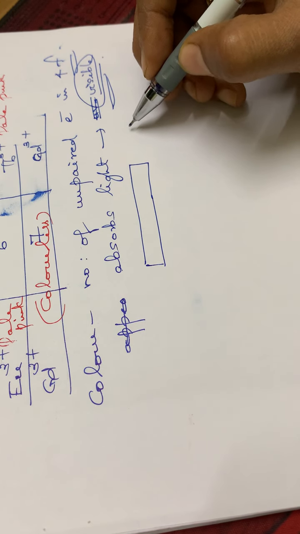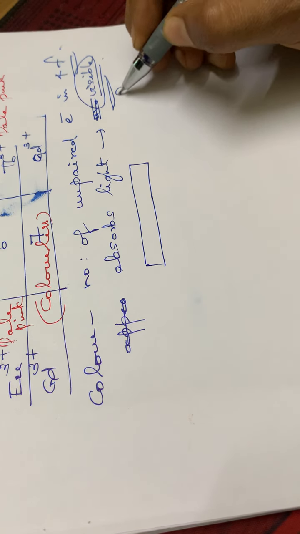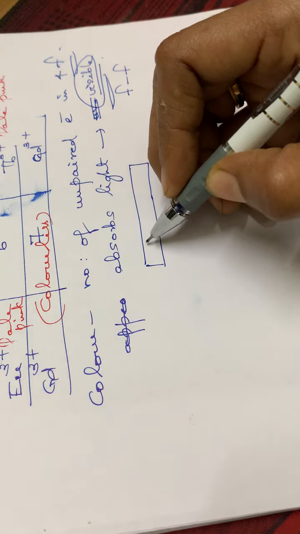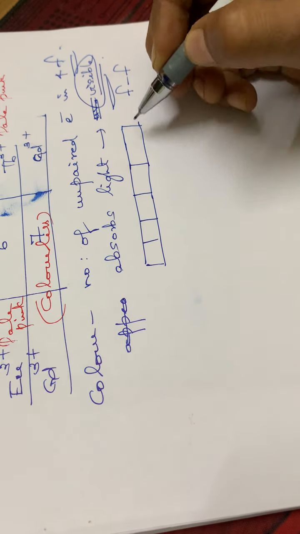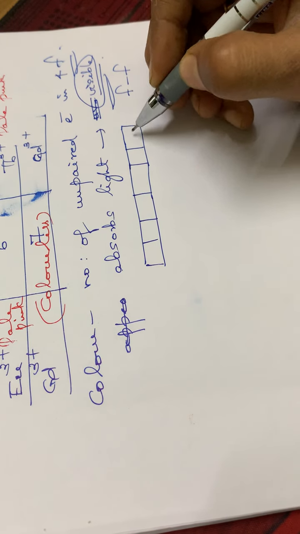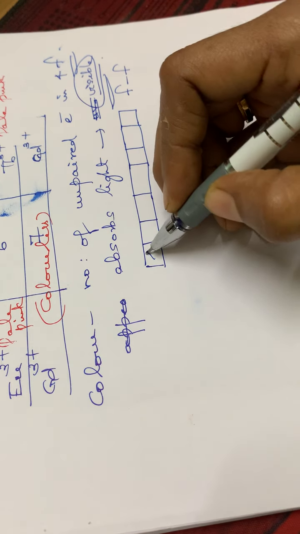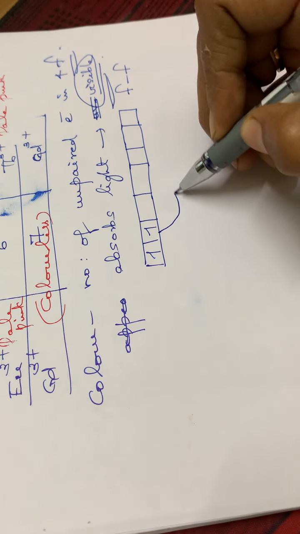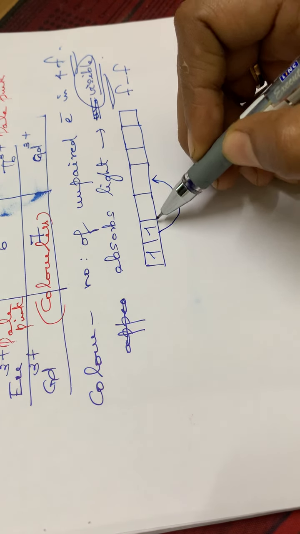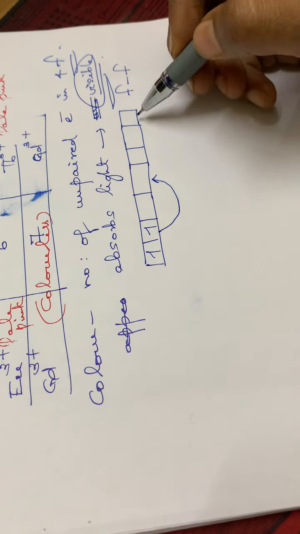And this absorption of light depends upon the energy needed to excite the electrons, isn't it? See here, for example, what type of transitions are going on? An f-f transition is there, isn't it? 1, 2, 3, 4, then 1, 2, 3, 4, 5, 6, 7. So if 1 or 2 unpaired electrons are there, what happens? There will be an f-f transition. The electrons can enter any of these f orbitals.